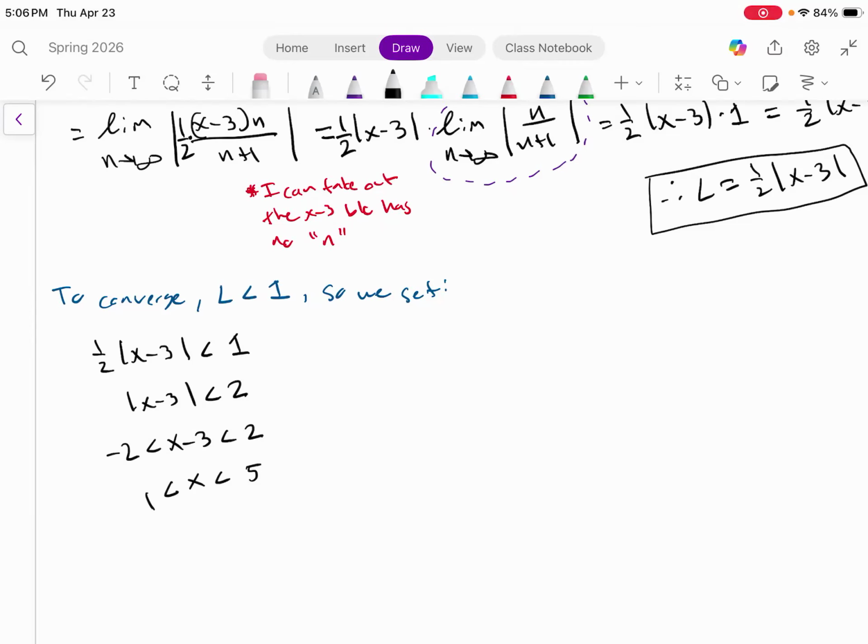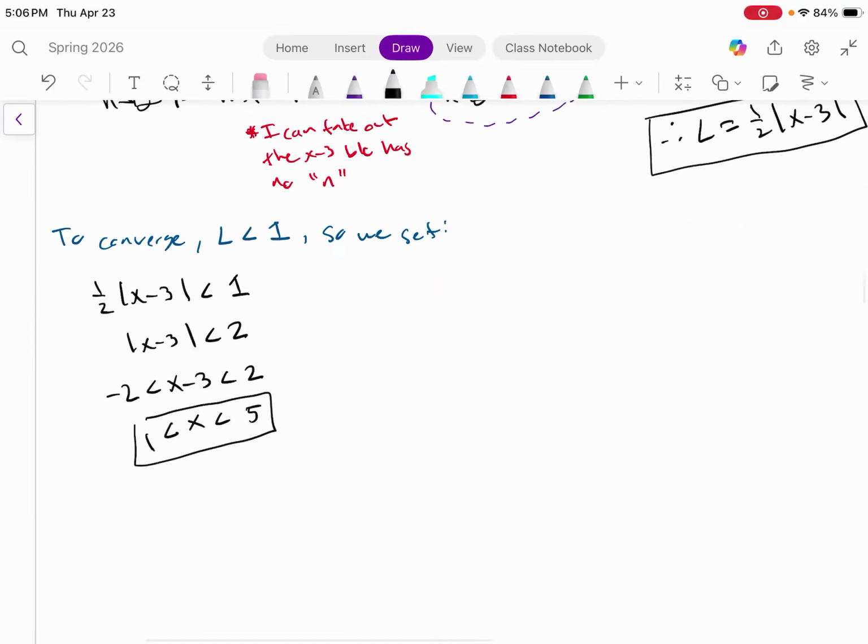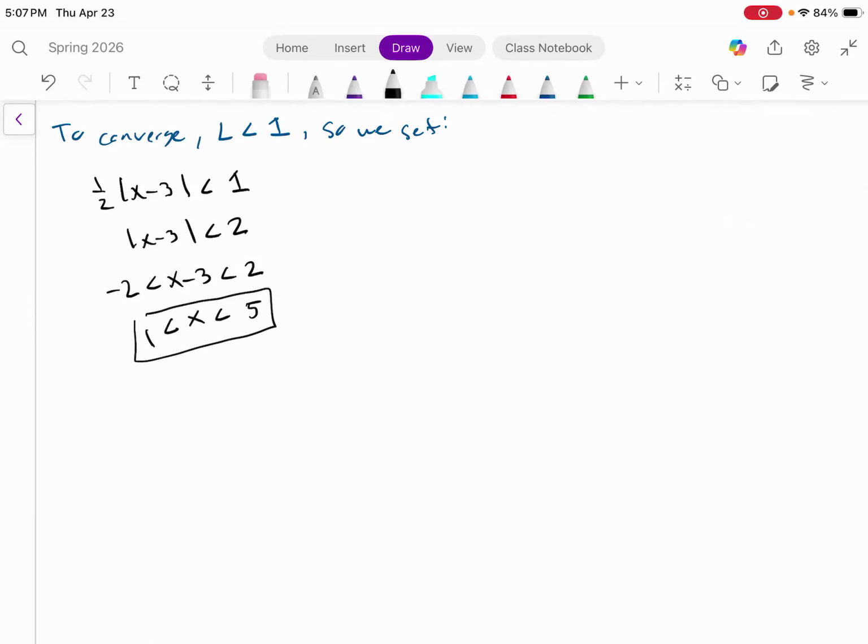Okay, so that is the interval of convergence. Let me box it here. But if you can recall from the ratio test, we typically check the endpoints.